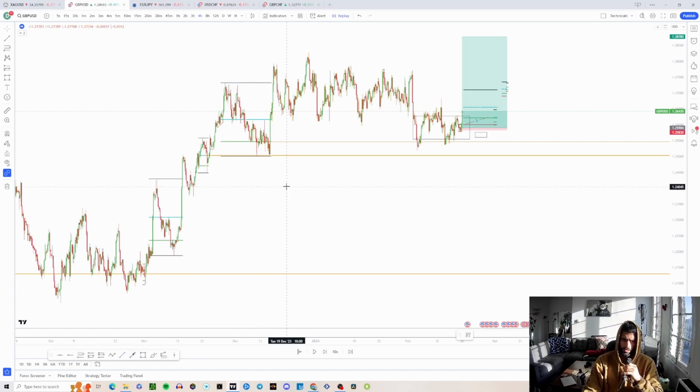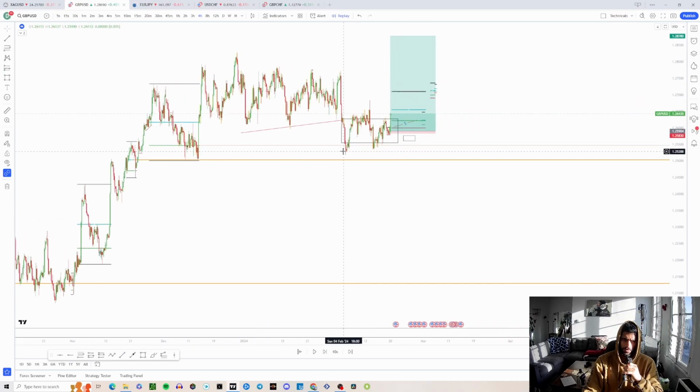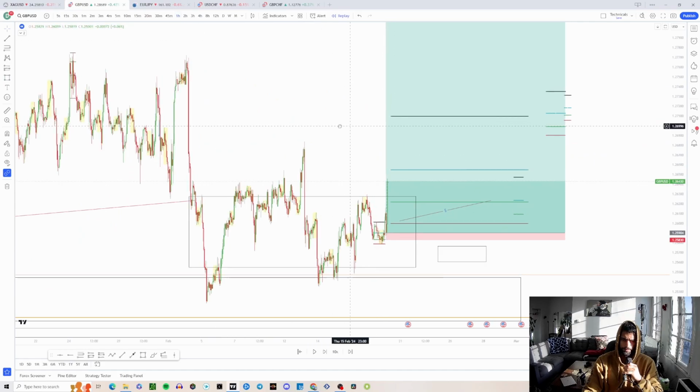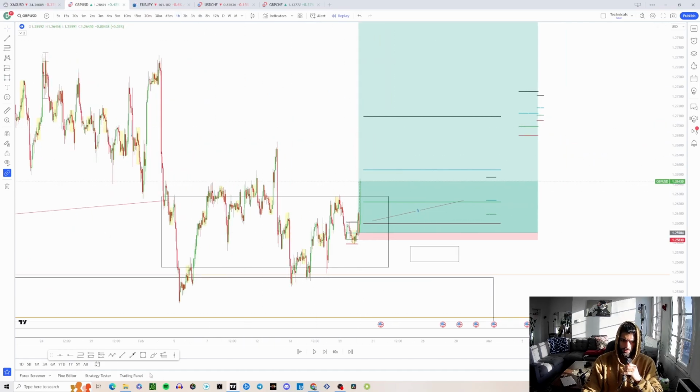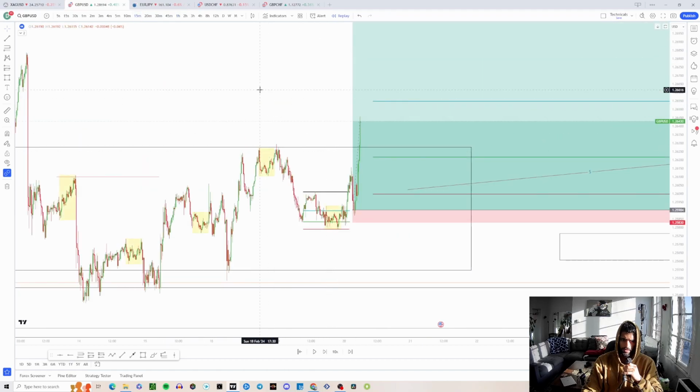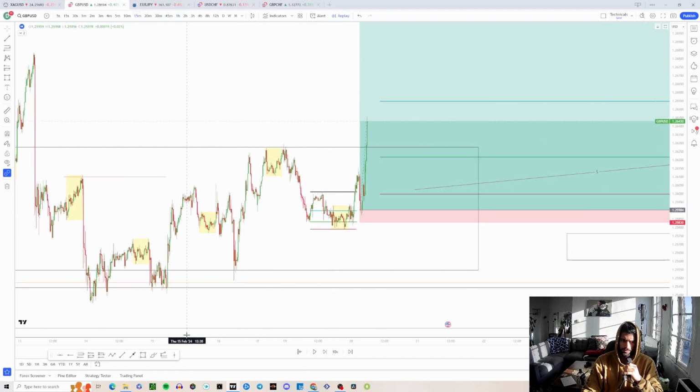Sweeps a lot of liquidity. Price ranging for a while, sweeps liquidity, taps into an order block, if you want to look at it that way, and starts showing signs of bullishness. We see price break some order flow here, comes back to mitigate, and then same kind of situation.